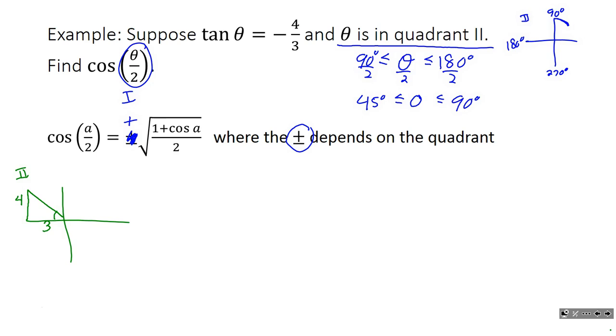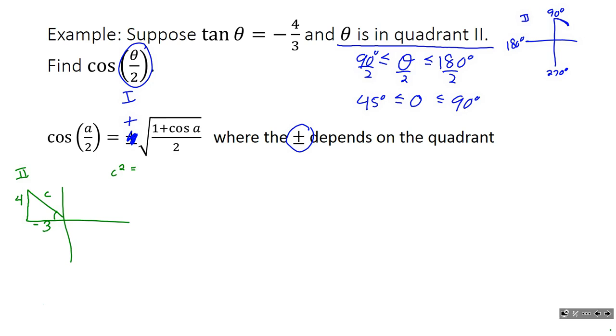Let's use the Pythagorean theorem to find the hypotenuse. Oh, just thought of something. Tangent's negative. Which of these two values is negative, the 4 or the 3? Well, since it's in quadrant 2, the 3 is negative. We're going to the left.